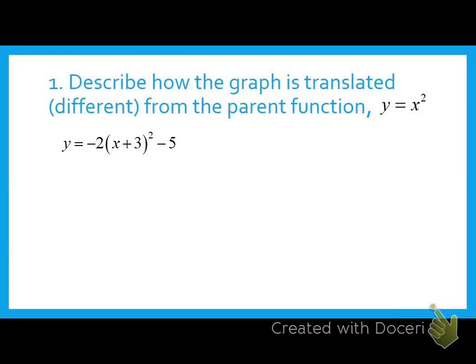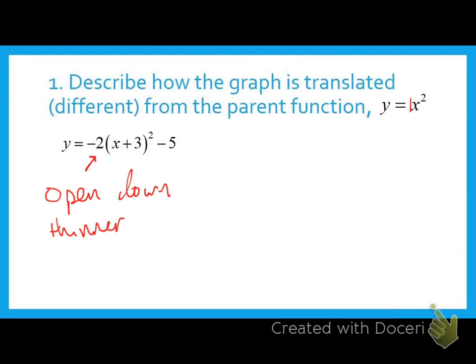Well, we're taking a look at this, and what you see first is that a is negative, so this parabola is going to open down, where the parent function is going to open up because its a is positive. And since 2 is bigger than 1, right, because the parent function a is 1, since 2 is bigger than 1, that means this graph is going to be a little bit thinner than the parent function.